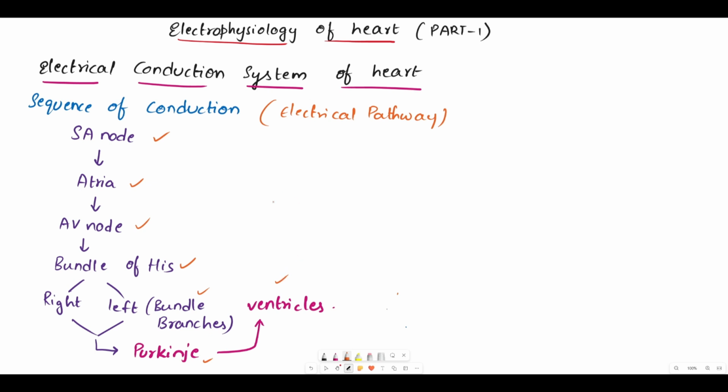Now, how do you remember this flow? Just remember it starts at atria, then it enters AV, His, branches, and then Purkinje.